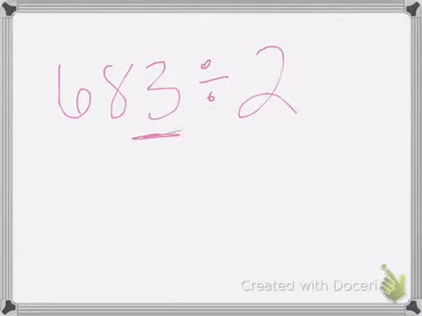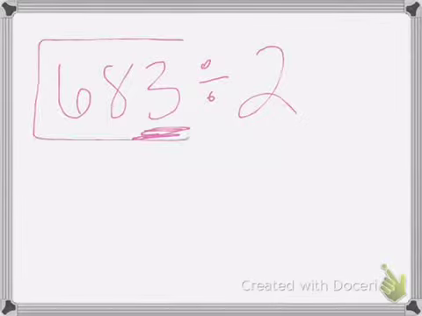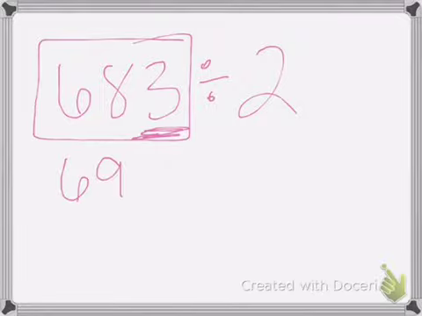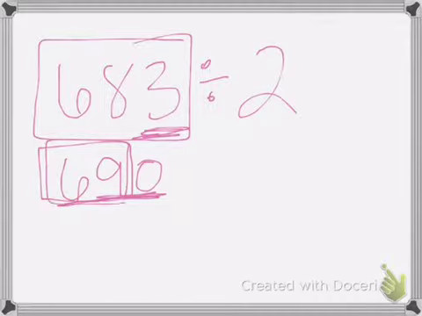Okay, we know 683, that's not an even number. Therefore, 2 cannot go into 683 evenly. So we need to round this to a whole number that 2 will go into. Well, we can't do 690 because 69 is not a multiple of 2.